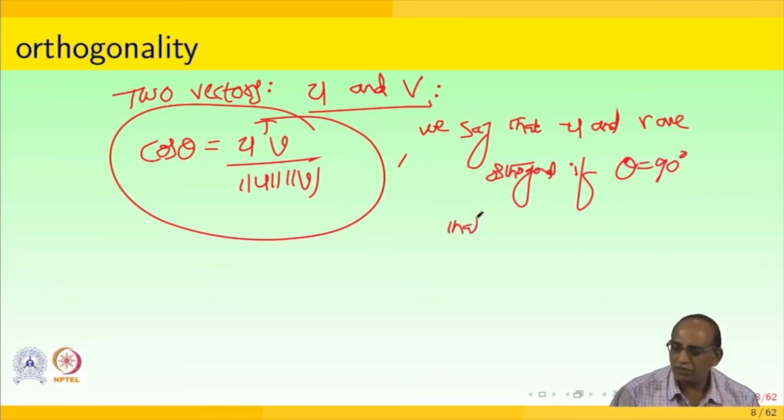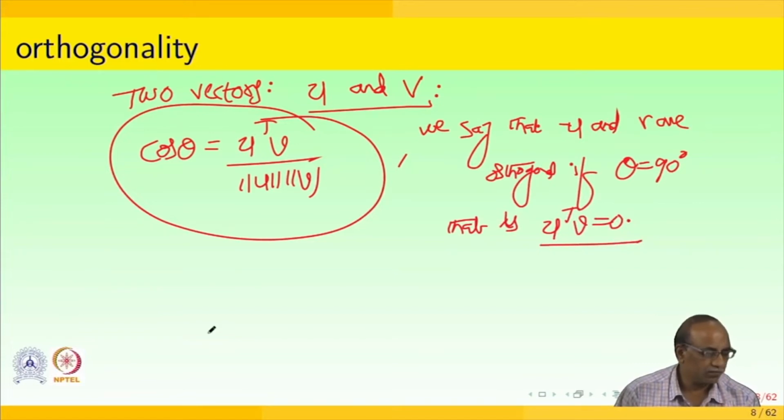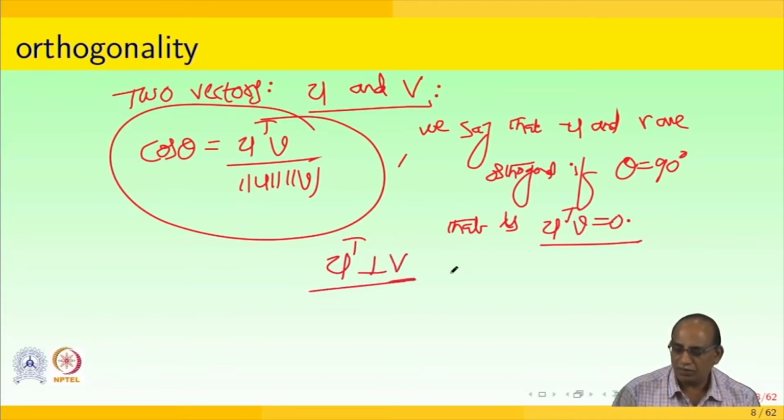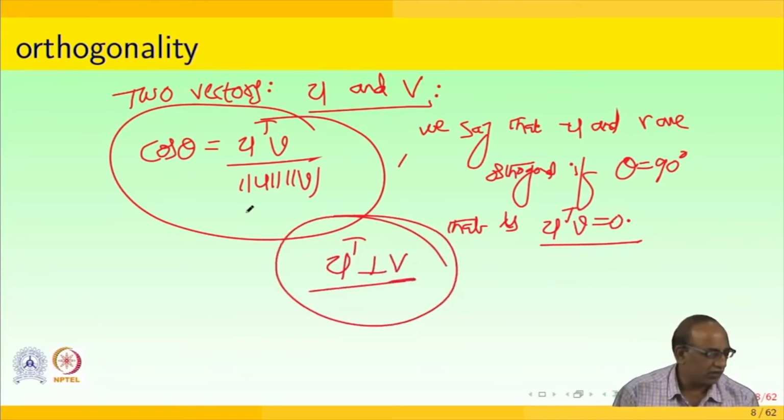That is, essentially u transpose v happens to be 0. Many books use u perpendicular to v. That means the angle associated with these two vectors is 90 degrees. We call them orthogonal vectors.